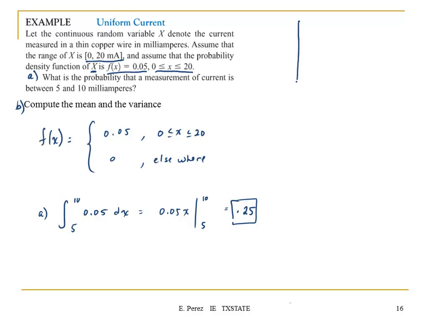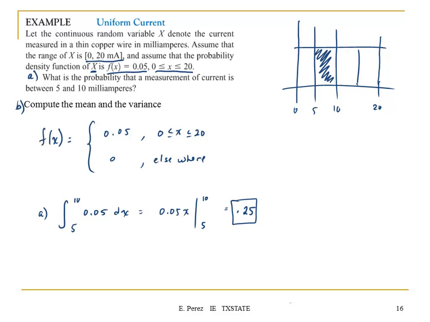And if we draw this, this is 20. So basically you're looking for this area, 0, 5, 10, 15, and it makes sense, right?